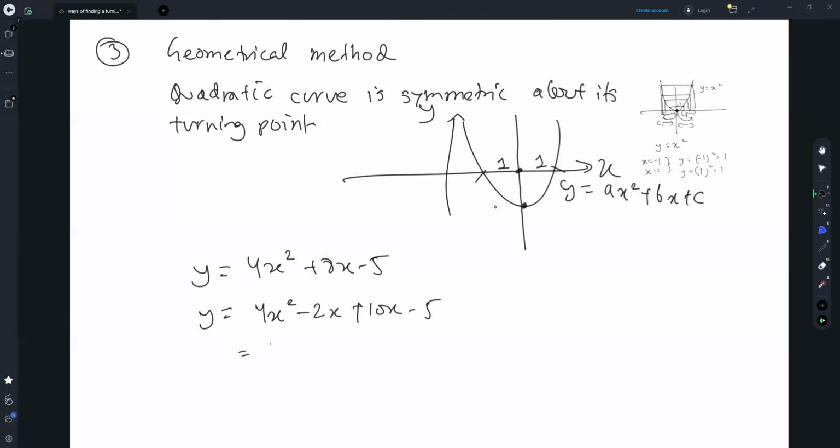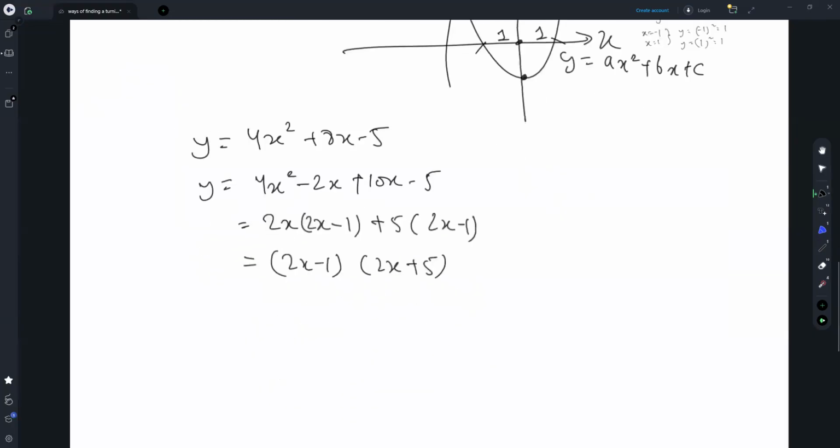So therefore we have 2x minus 1, 2x plus 5. So x equals half, x equals minus 5 by 2.